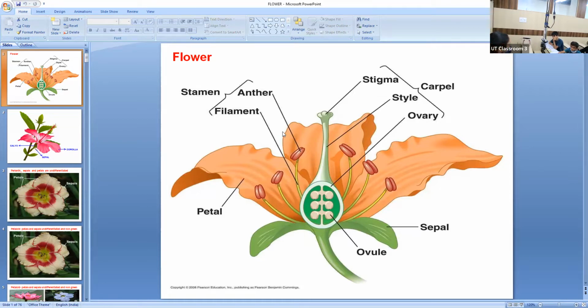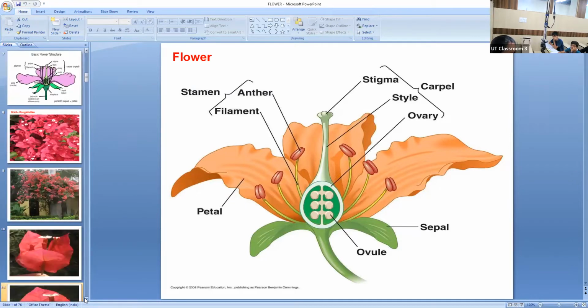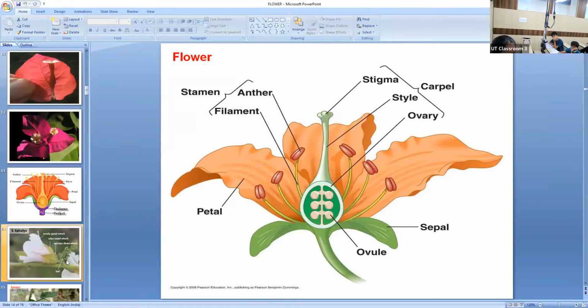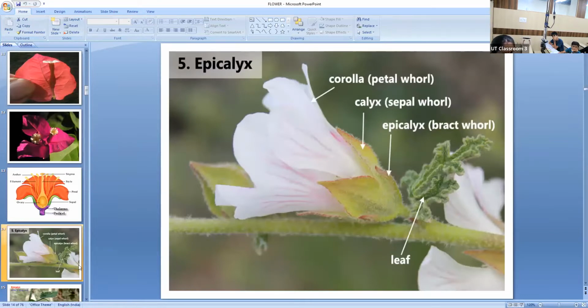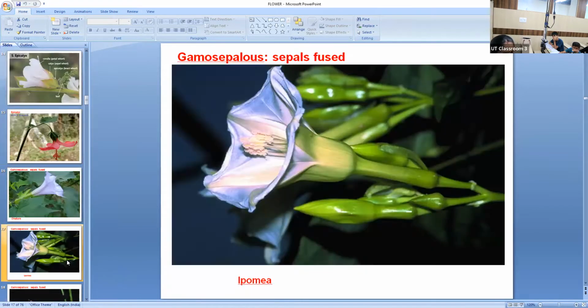But in case we talk about a flower where there may be only 1 hole present, suppose I show you some flowers like these, where only one type of reproductive organ is present.